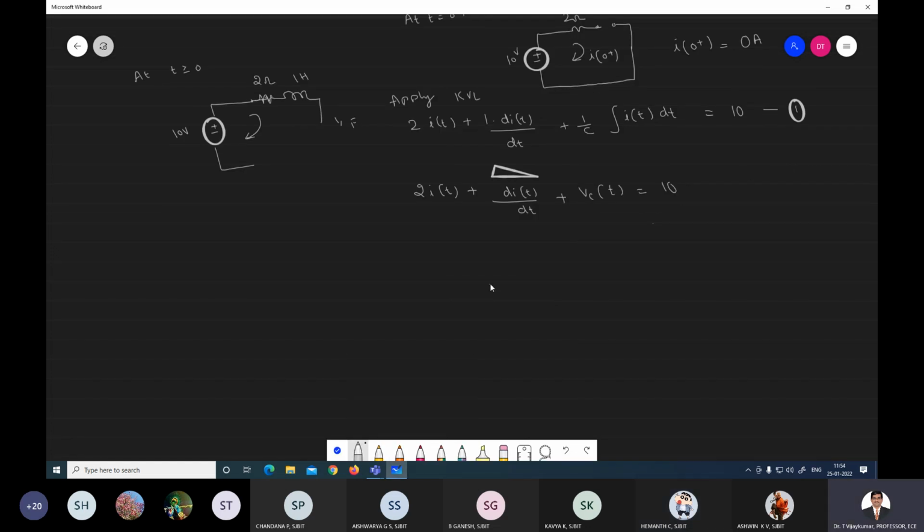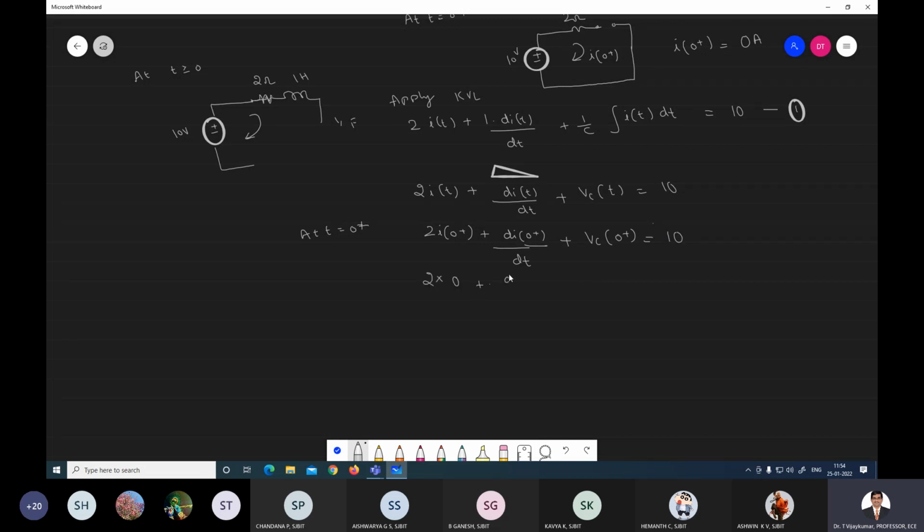At t equal to 0 plus, this becomes 2 into i(0+) plus di(0+)/dt plus Vc(0+) equal to 10. 2 into i(0+) is 0.